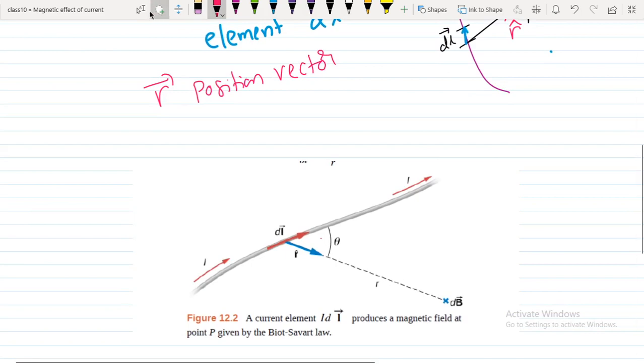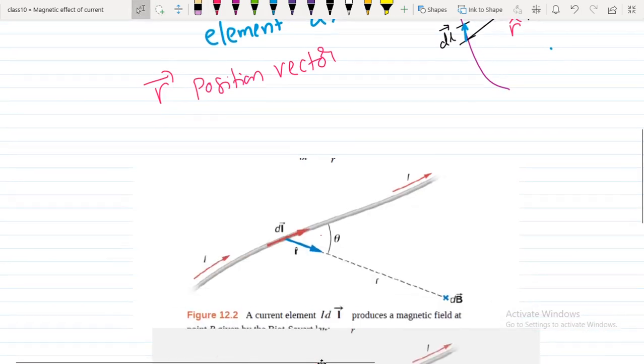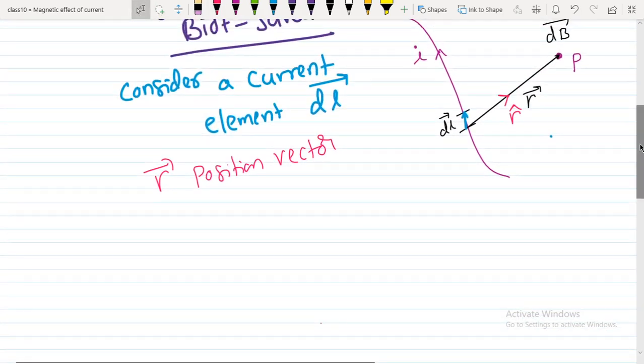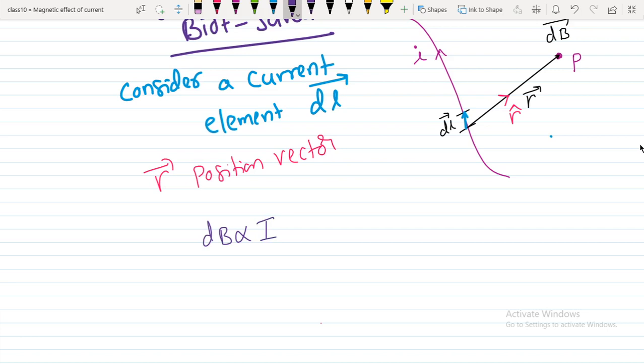According to Biot-Savart's law, the magnetic field dB is directly proportional to the amount of current passing through the conducting wire. And not only that, the magnetic field at a point is directly proportional to the length of the conducting wire. Here I consider the small elemental length as dl.